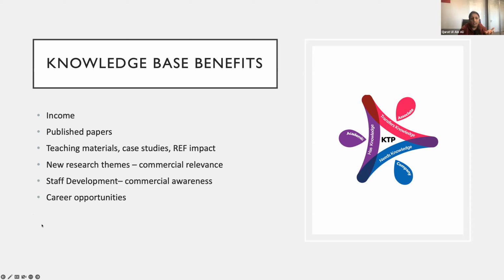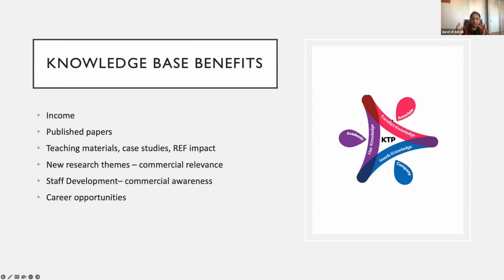And then you will probably aid in the teaching material, the case studies, and REF impact. You must be aware of that, which is the Research Excellence Framework of the UK. So the knowledge base would be getting these sorts of benefits.